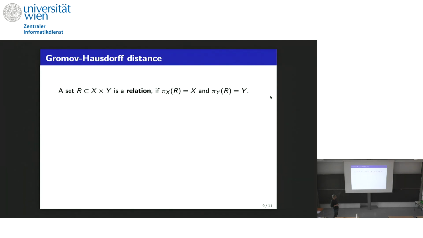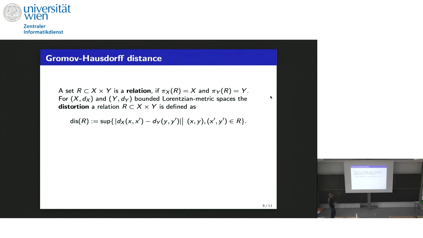A relation is simply a subset of the Cartesian product such that the projection on each coordinate is surjective. Then you can define the distortion of such a relation by measuring how far apart the time separations are between pairs of points contained in the relation.